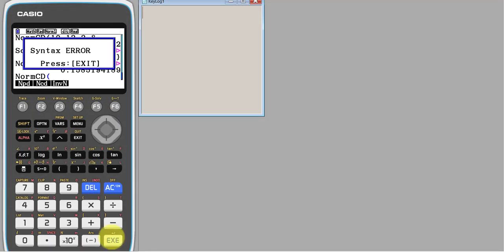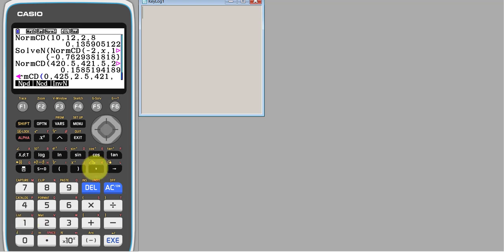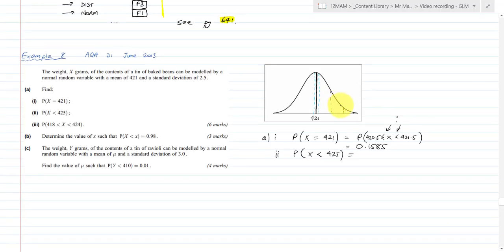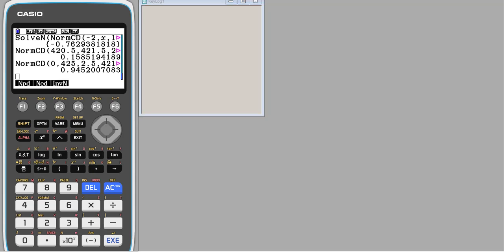So my lower bound, I'll just put 0 as my lower bound because that's less than, and that's as low as it can go. 425 is my upper bound, and this has the same standard deviation, 2.5, and mean, 421, and close that bracket, and I get 0.9452, and that makes sense again because we're talking about 425, which is about here. So that's equal to 0.9452.